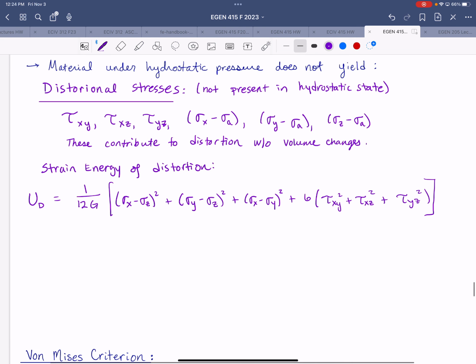All right, so going back to the hydrostatic state where the distortional stresses are not present, that would mean all the normal stresses are equal to each other and there are no shear stresses.